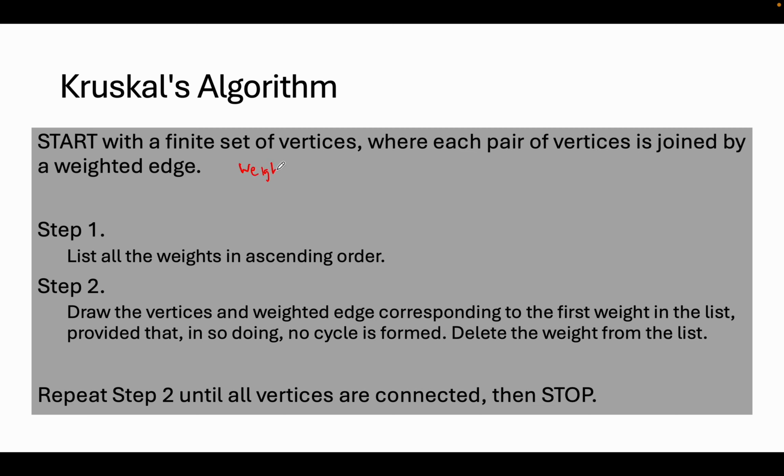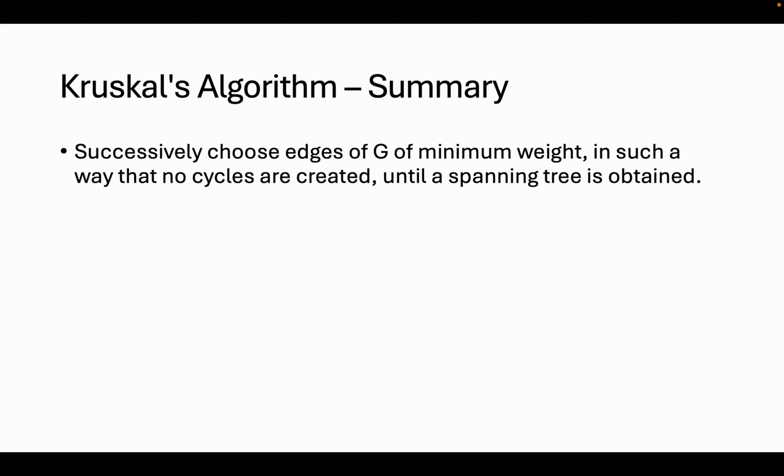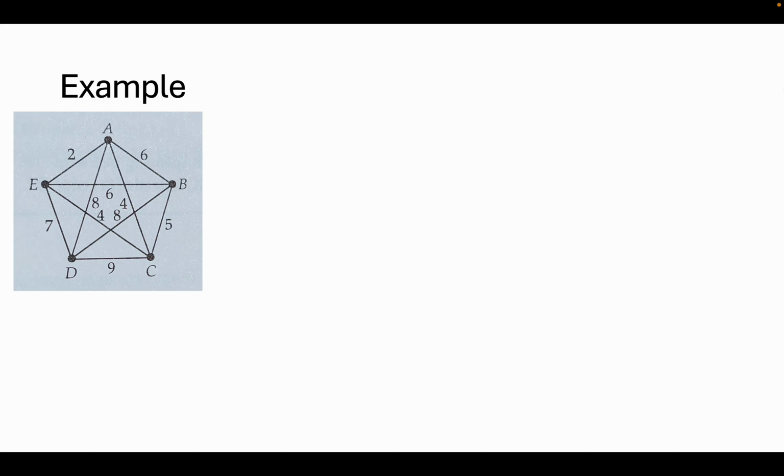All right, so in summary, we're choosing the edges of minimum weight where we don't create any cycles until we get a spanning tree. That's what we're doing. Okay, so we've got an example here. We look at this and we choose the least weighted edge, which in this case is AE.